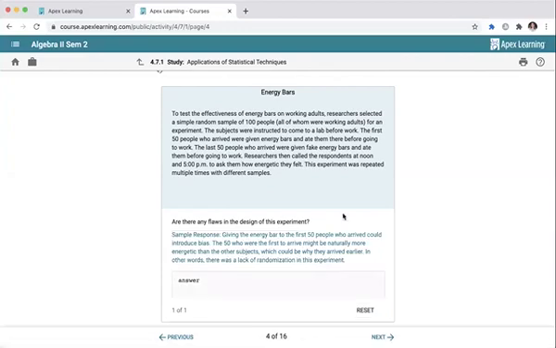Okay, and hopefully you saw it as soon as I read it, okay? They gave the first 50 people the energy bars, okay? And that might be bias here because it's not really random, right? Maybe it's a personality trait of people who get up early, right?